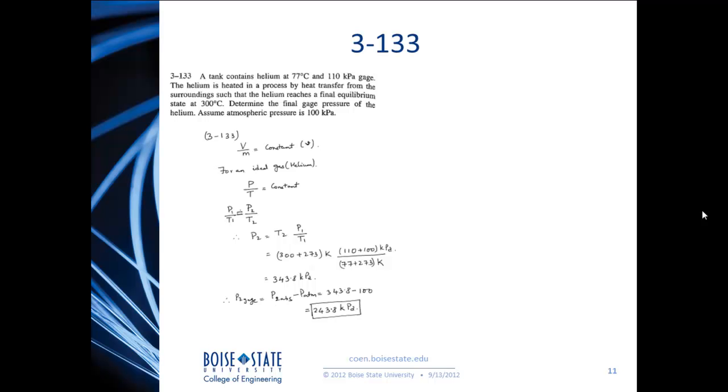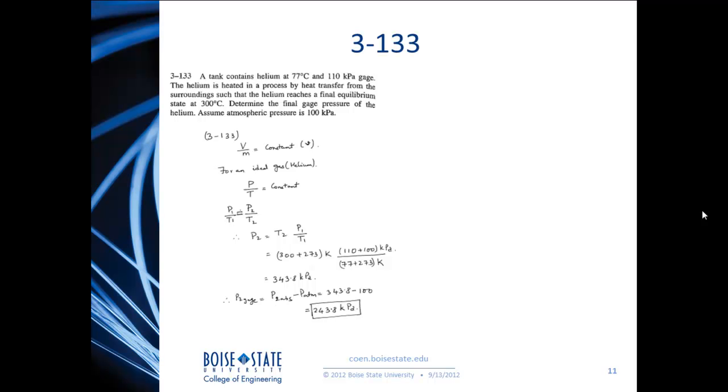And for an ideal gas, we have P over T equals constant, or P1 over T1 equals P2 over T2. So we can determine P2, but remember, you need to have both your pressure and temperature in absolute scale, which is what we have done there, and then you would end up with 343.8 kilopascals at state 2.